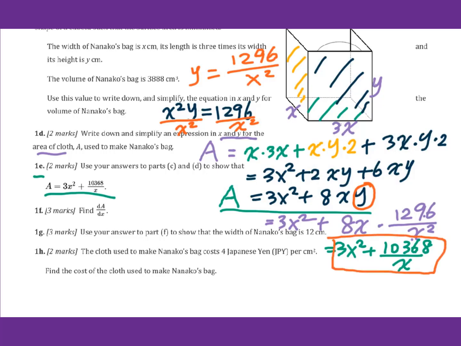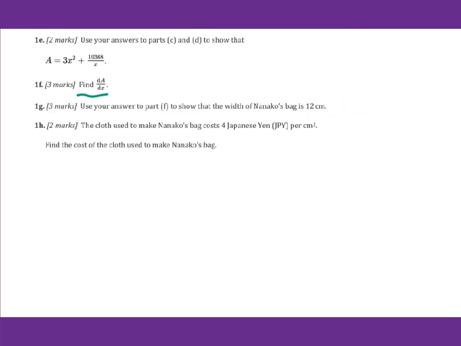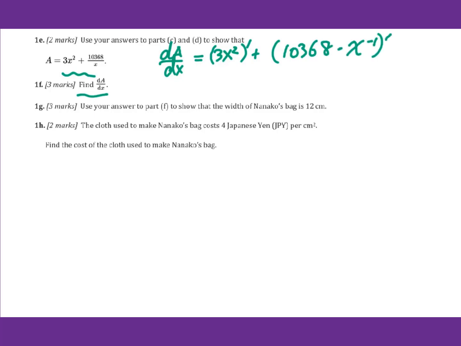That's it. For 1F, find dA by dx. So dA by dx, you will get 3x squared to the derivative plus 10368 times x to the negative first power, you do derivative.